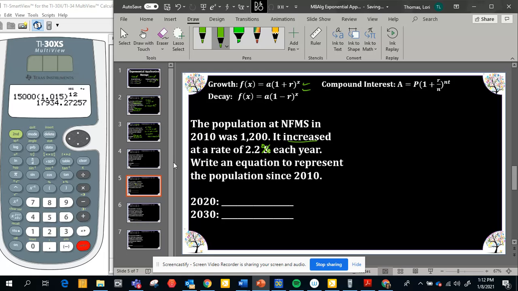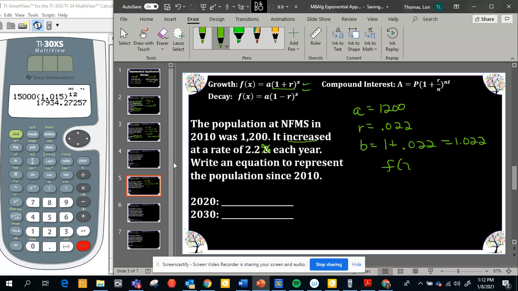And since it increased, we're going to use 1 plus R. So A, the initial population was 1,200. Our rate is going to be 0.022. And so the B value is going to be 1 plus because we are increasing. So this gives us 1.022.